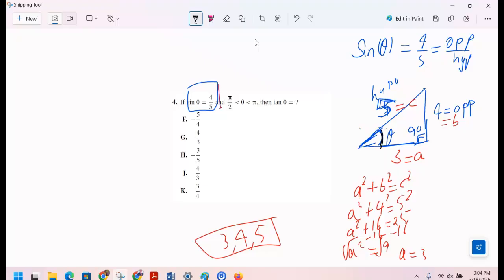tan theta here? So tan theta is opposite over adjacent. So opposite is this one, which is 4, and adjacent is 3. See? So tan theta is 4 over 3, which is plus 4 over 3.